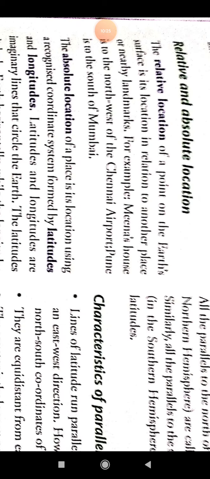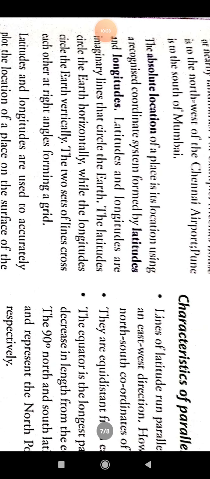Okay, now the absolute location. The absolute location of a place is its location using a recognized coordinate system formed by latitude and longitude.